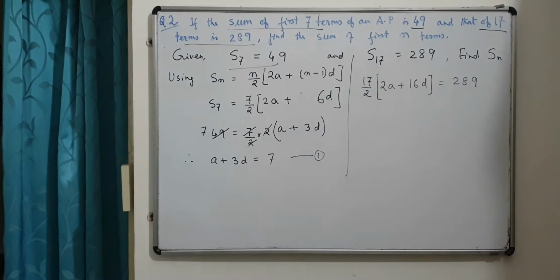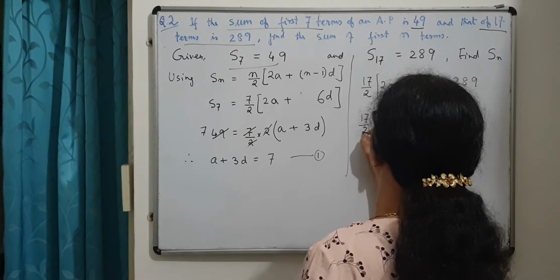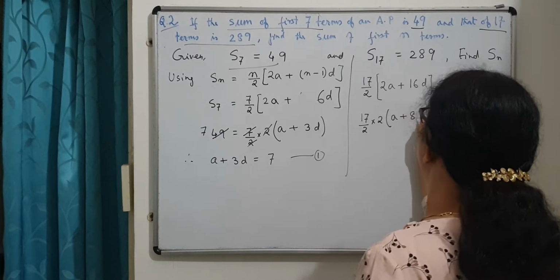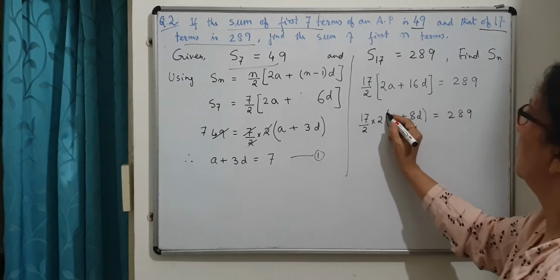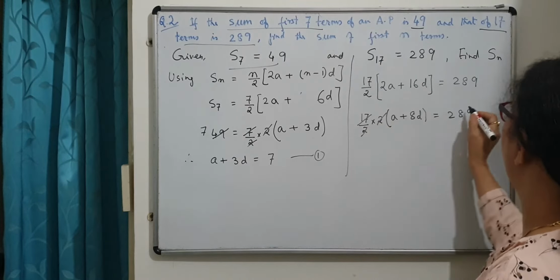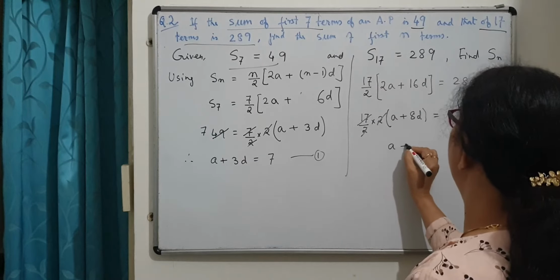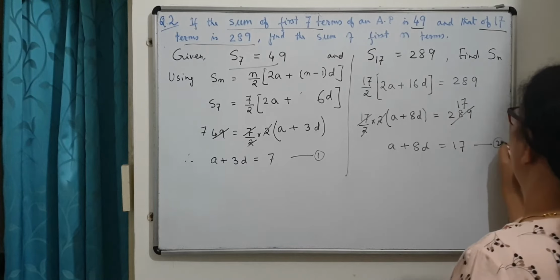Again I take out 2, so 17 by 2 times a plus 8d. The 2s get cancelled, and 17 square is 289. So 17. I've got another simple equation, a plus 8d is equal to 17, equation number 2.